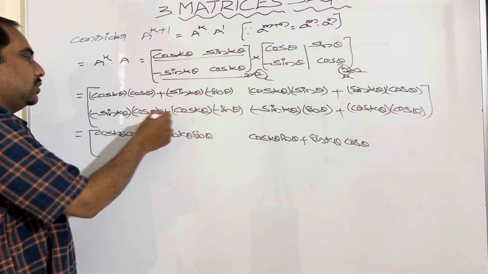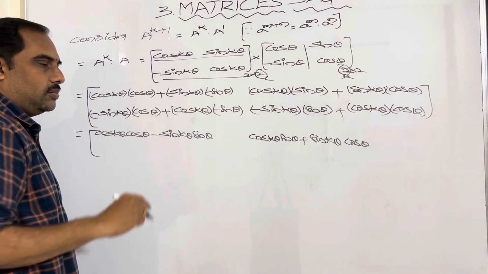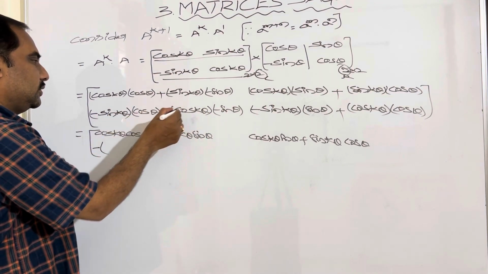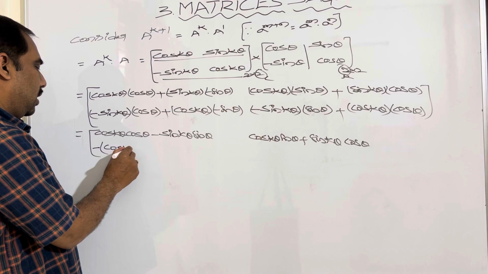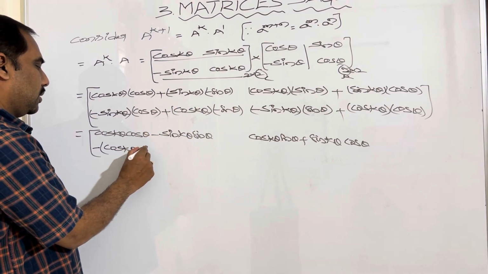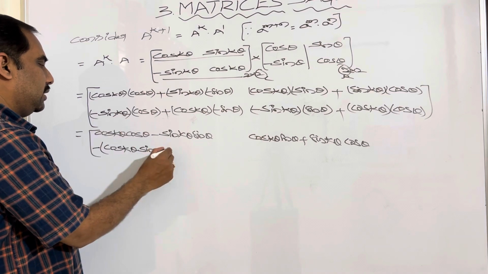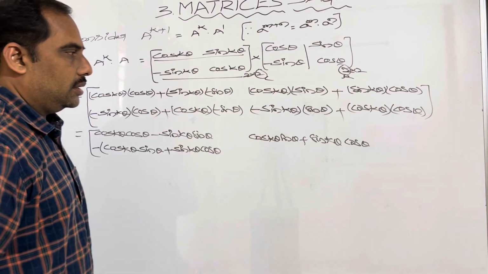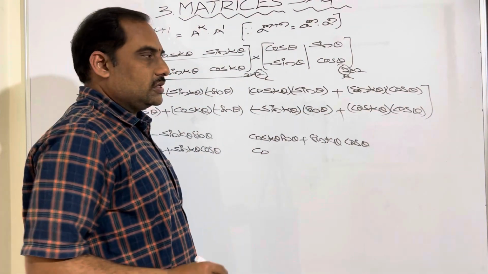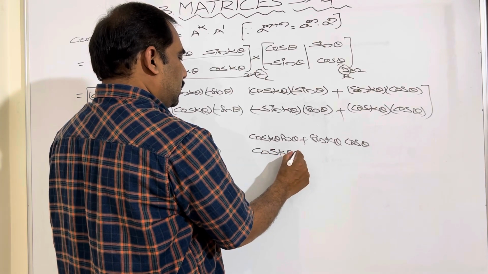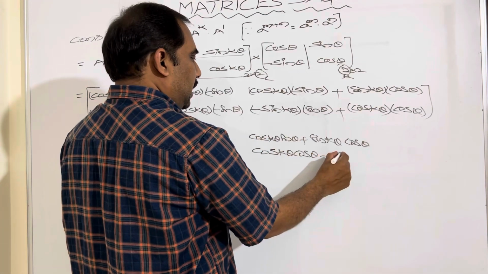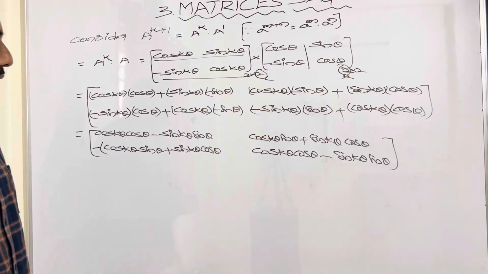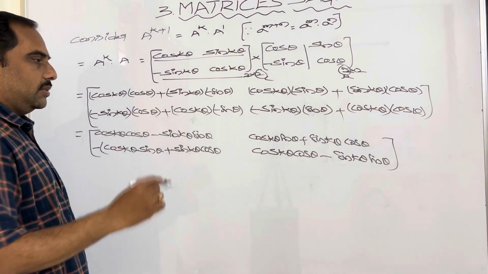Both have the minus sign, so taking minus common, we write cos k theta into sin theta plus sin k theta into cos theta, and here cos k theta into cos theta minus sin k theta into sin theta.